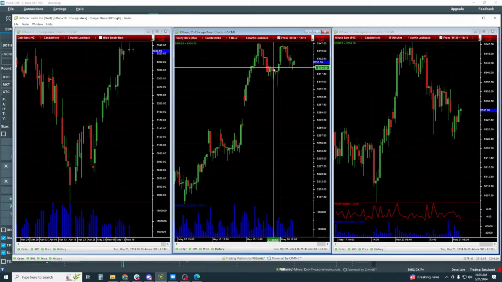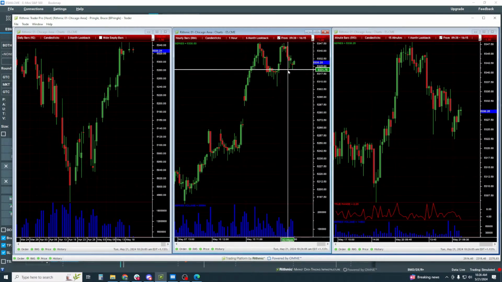And then we have today's action here. So what has happened so far? Now this is regular trading hours, so it's almost 10:30 East Coast time. So we only have about 1 hour of data for today. Well, yesterday we came down and traded into this area here where we broke out from to the upside.